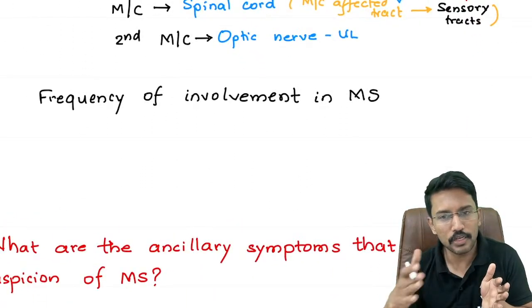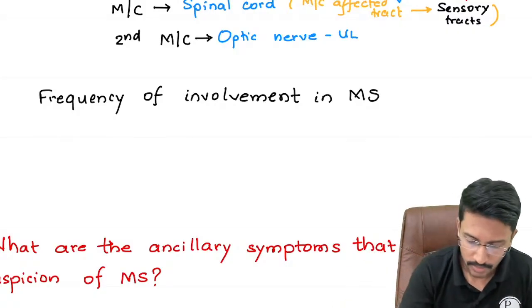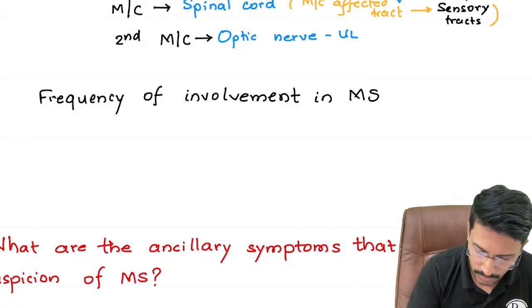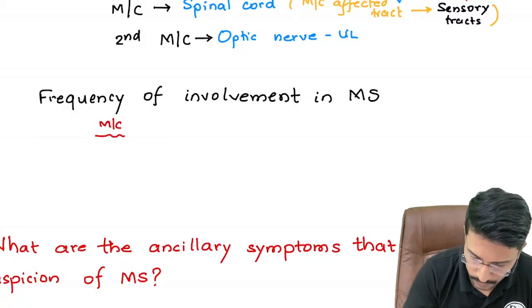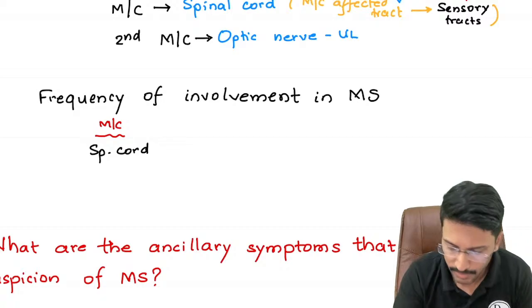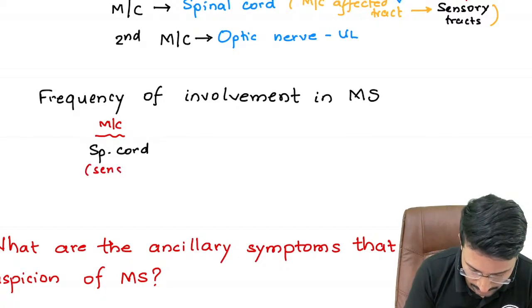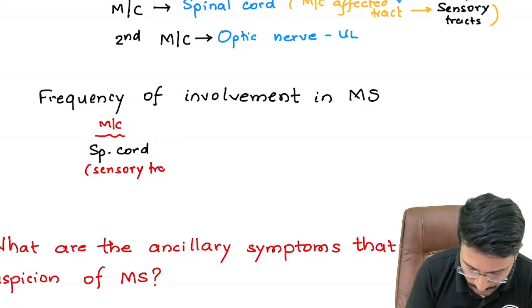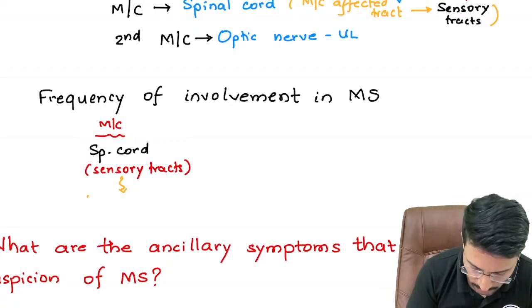So in terms of frequency of which structure gets affected more commonly by demyelination, we will have a list. The earliest and the most commonly affected structure, as we already know, is the spinal cord. And when we are affecting the spinal cord, the most commonly affected are going to be sensory tracts. So what symptom am I expecting?